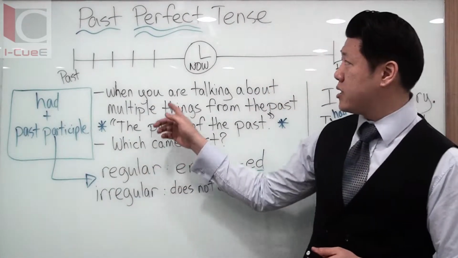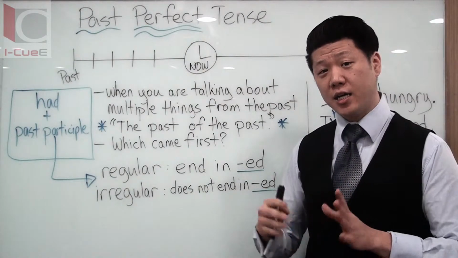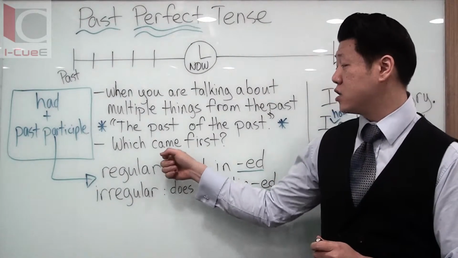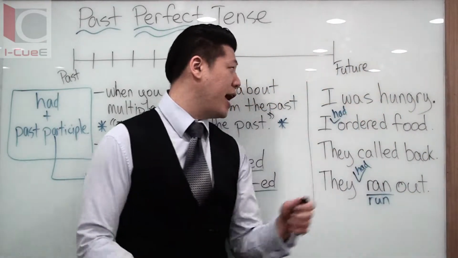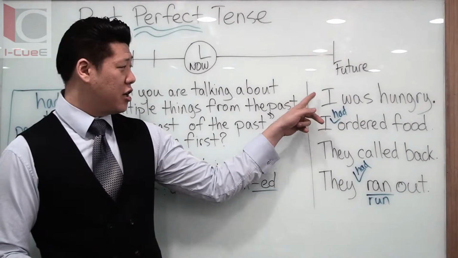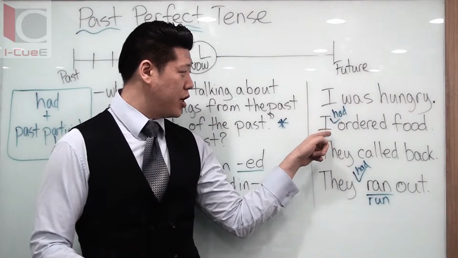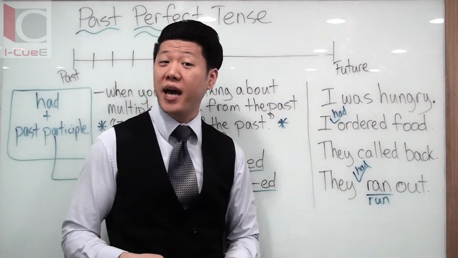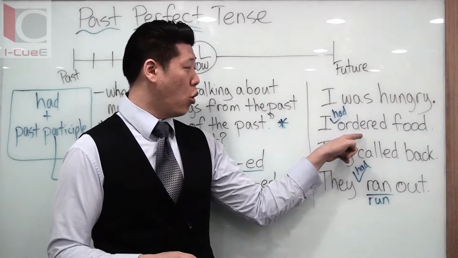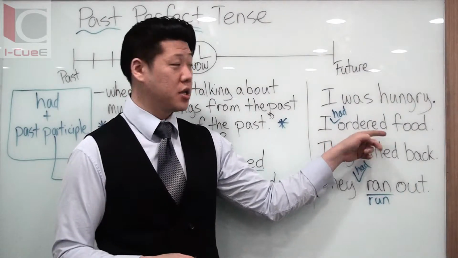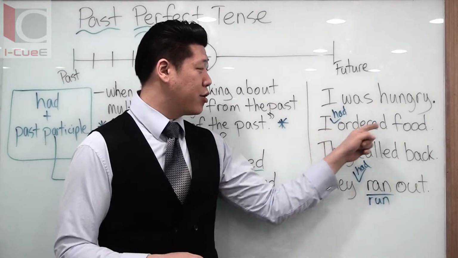So when we're looking at the past perfect tense, I want to show you an example to emphasize the order that we're talking about, because which came first is the question you're trying to ask. So the example that we have here: I was hungry, I ordered food. Those are two simple past sentences. But if I add the had, and ordered is your past participle because order is a regular verb, so: I was hungry, I had ordered food.